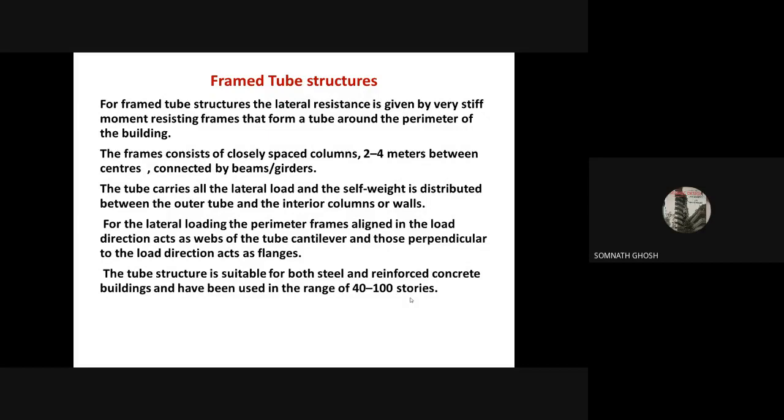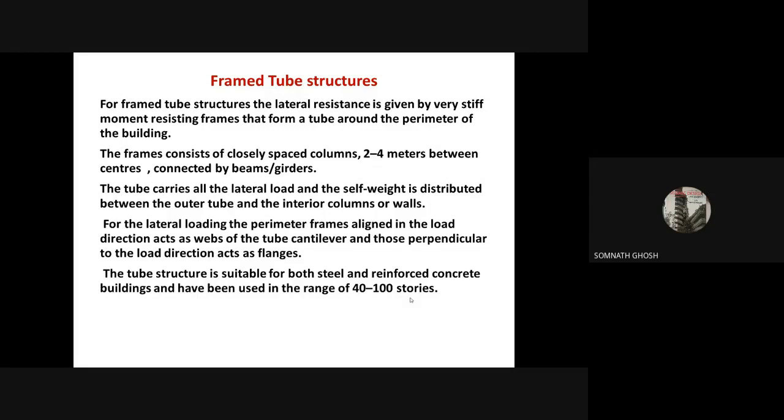Sometimes people debate the use of steel versus reinforced concrete. But nowadays concrete is so good, very high strength concrete and very high strength reinforcing bars are available.